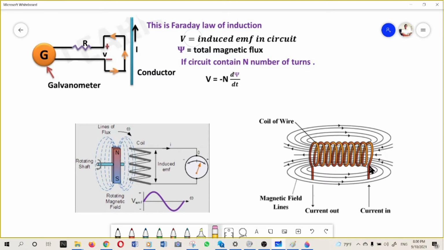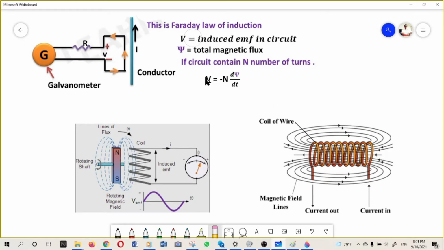These two principles are very important. The first one: whenever the copper coil is subjected to a varying magnetic field, there will be an induced EMF. In the opposite way, when the copper coil is subjected to a current flow, there will be an induced magnetic field around the copper coil.